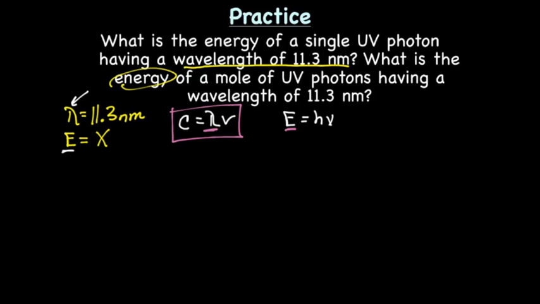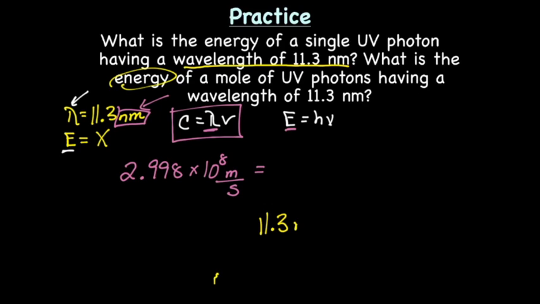So the speed of light, c, is 2.998 times 10 to the 8th meters per second equals, so now we're going to plug in our wavelength. However, before we do that, you should note that the unit is nanometers, but in the speed of light it is meters. So we're going to need to change this to meters. So 11.3 nanometers.